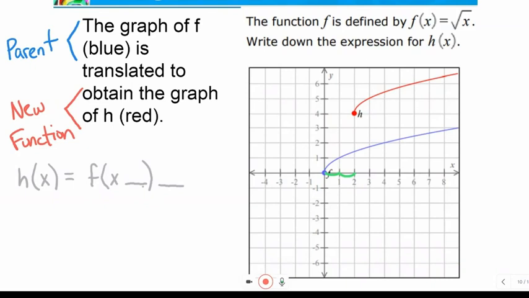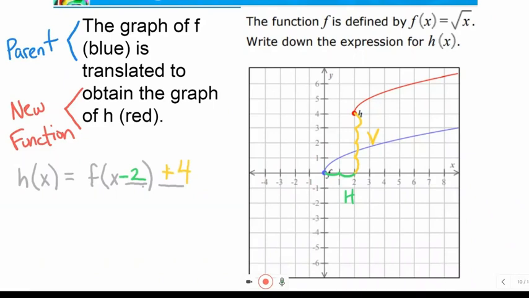That's horizontal, and a horizontal shift to the right means I put -2 inside my parentheses, inside my function. Vertically, this is moving 1, 2, 3, 4 units up, and a vertical shift of 4 gets written as +4 outside of our function.